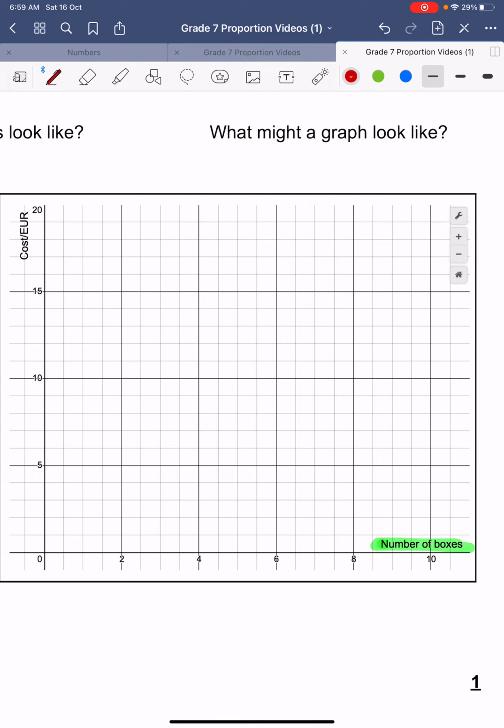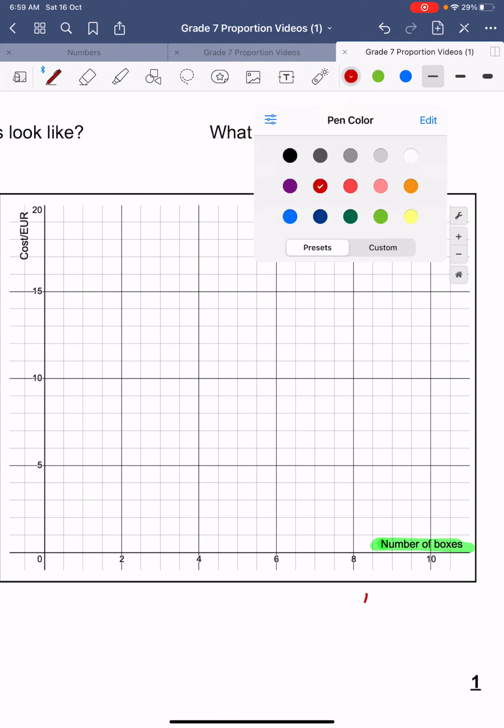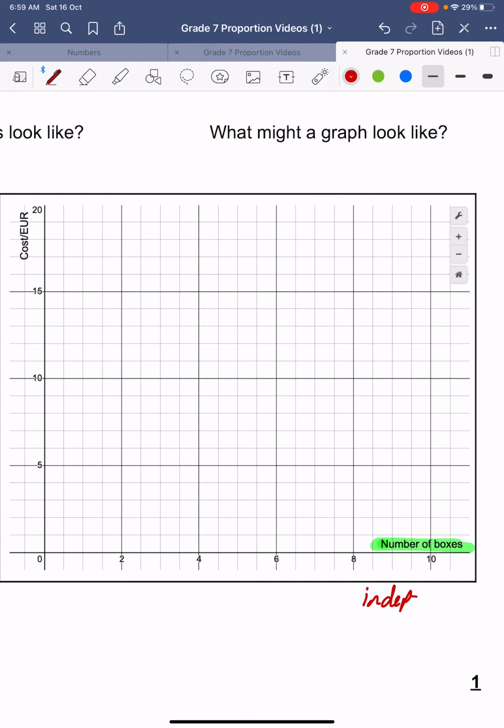And we call this the independent variable. As we change the number of boxes, that really determines the y variable, the cost. We call this the dependent variable.